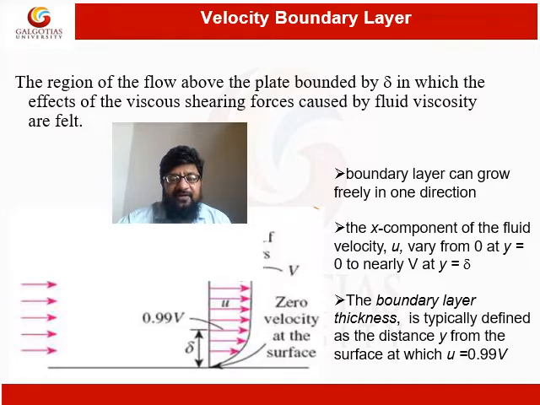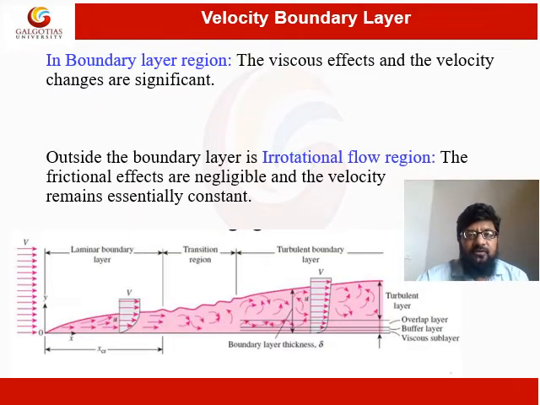So we can divide the fluid flow over the solid surface into two distinct regions. The one close to the solid surface is where the velocity gradient exists, and outside this region the velocity gradient doesn't exist. In the boundary layer region, the viscous effect and the velocity changes are significant.